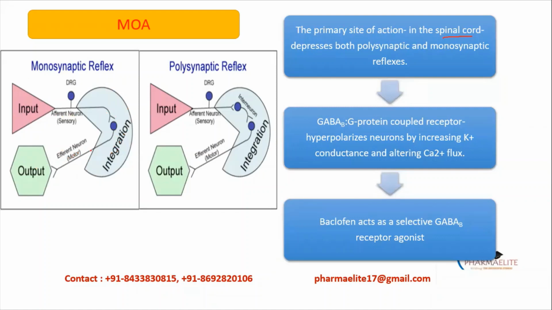This is monosynaptic, that is there is one afferent neuron and one efferent neuron. In a polysynaptic reflex, there are more than 2 neurons present, so there might be more interneurons present. So this is the difference between monosynaptic reflex and polysynaptic reflex.